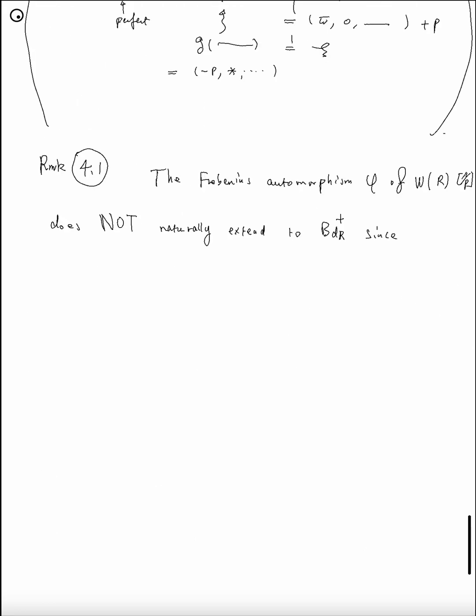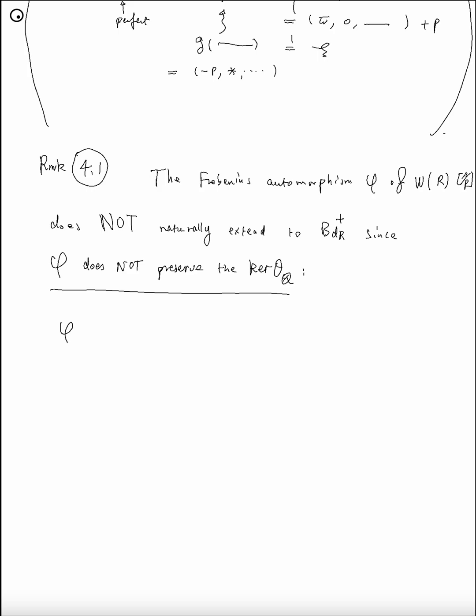Just notice that the kernel is not preserved. It does not preserve the kernel of theta_Q, and so in your construction as an inverse limit of quotients by the kernel of theta_Q, the Frobenius is not well defined on each piece or each truncation.